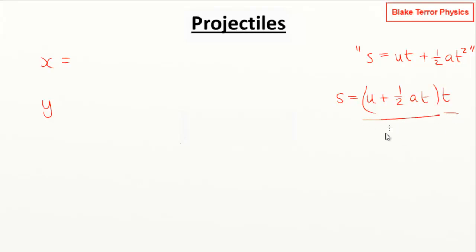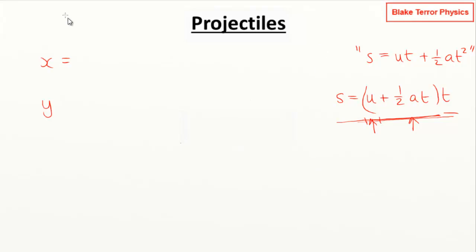This is the average velocity because we've got the starting velocity, u, and we've added on half the accumulation of the acceleration, as in half the change in our velocity. So that's just a different way of breaking down what s equals ut plus a half at squared actually means. Average velocity times time: starting velocity plus accumulation of acceleration, all multiplied by time.